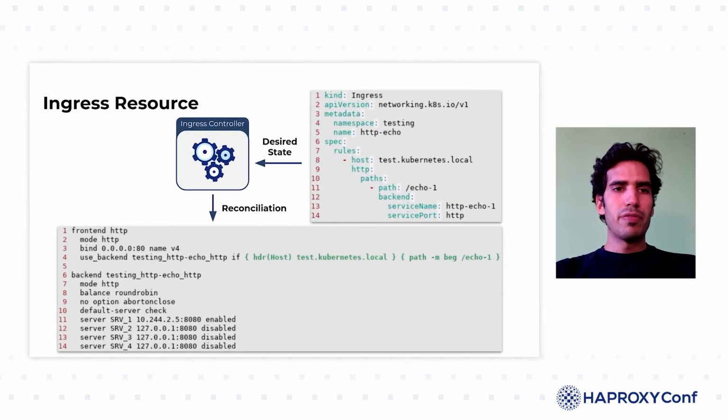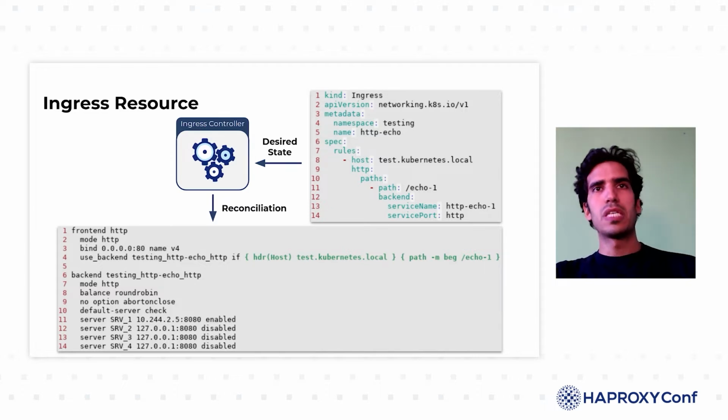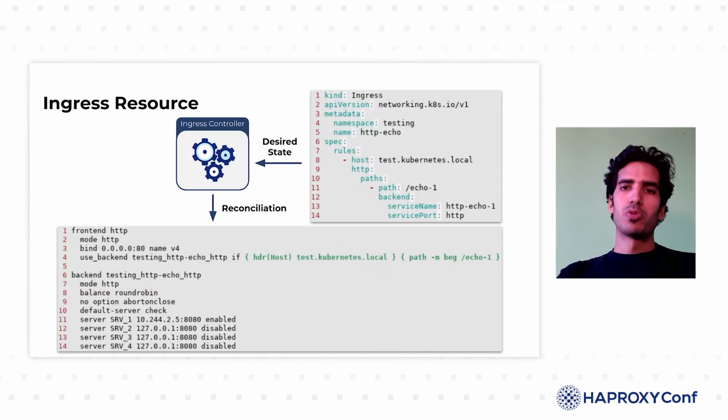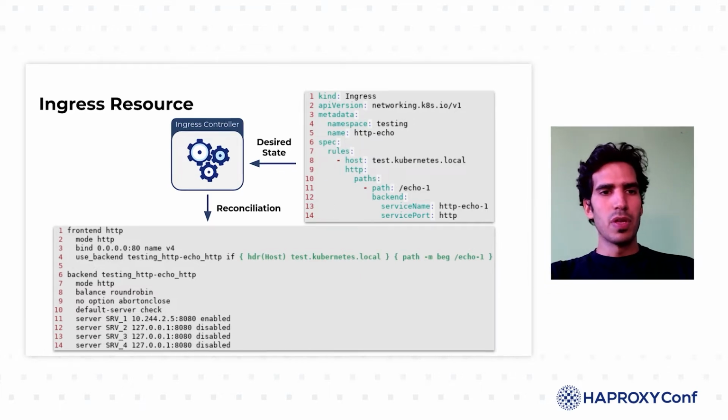In this example, we have an Ingress rule requiring that HTTP requests with host test.kubernetes.local and path echo1 should be routed to the HTTP echo1 service. This translates in HAProxy to creating a backend corresponding to the said service and using backend rules with appropriate ACLs.